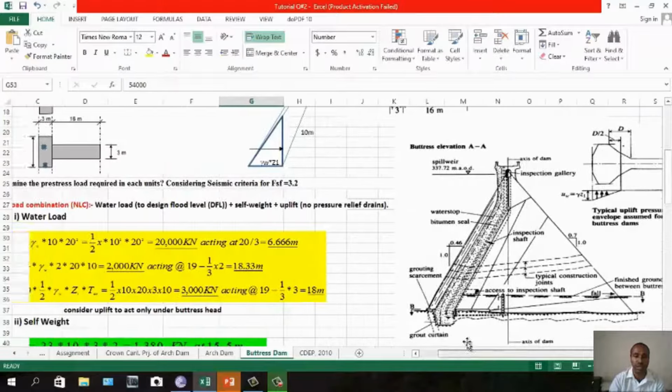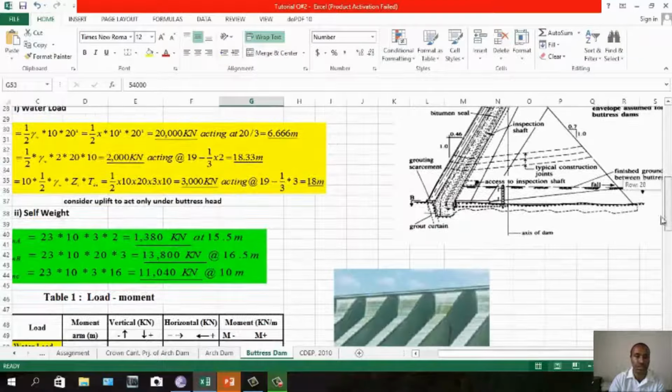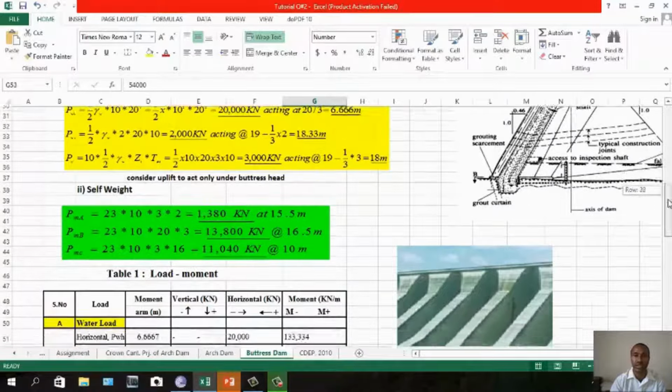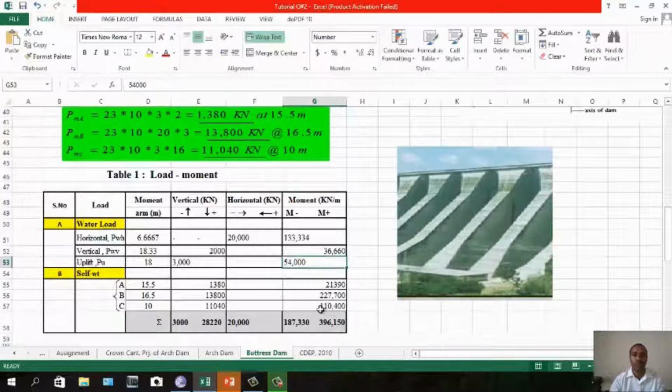If you multiply, automatically you get uplift, which is 3000. So 1/3 of 3, or 18 meter, we have already calculated. But this uplift is negative, directly negative vertical, so you have this moment. Then A, B, C, similarly you have to put all resisting forces, then the positive moment.